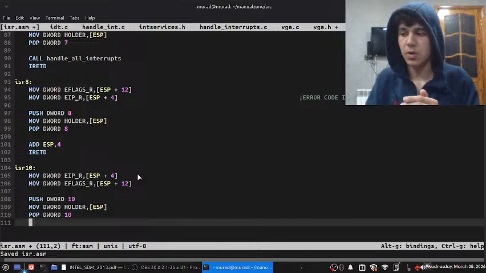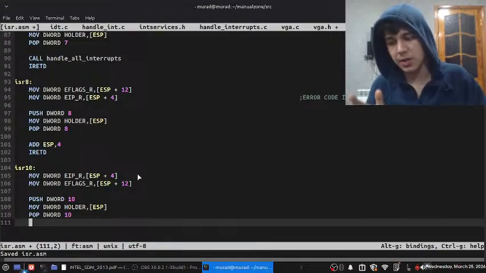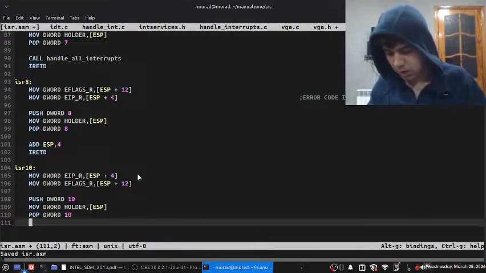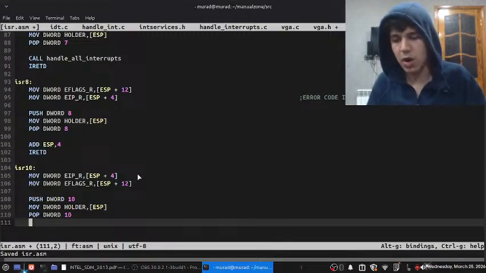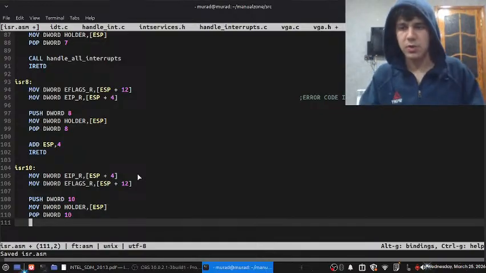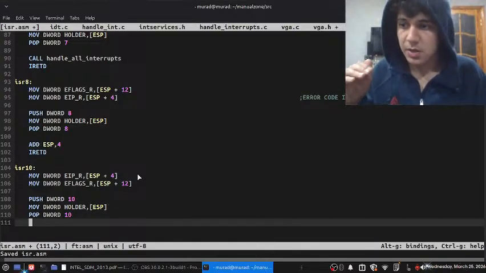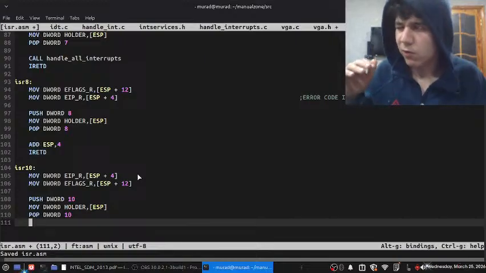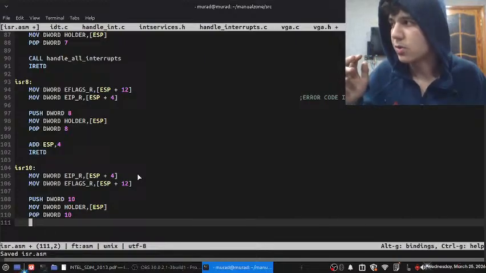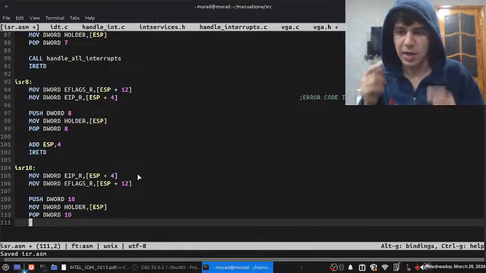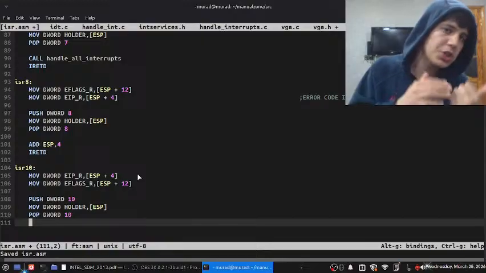For example, if you do an arithmetic shift right, the bit shifted out sets a flag.